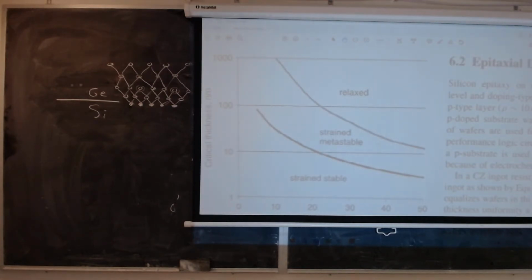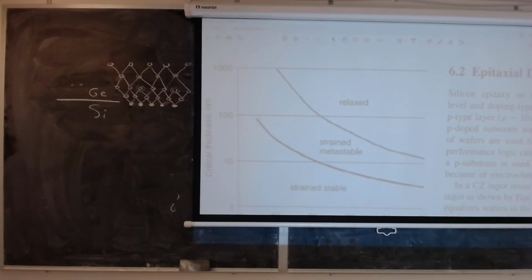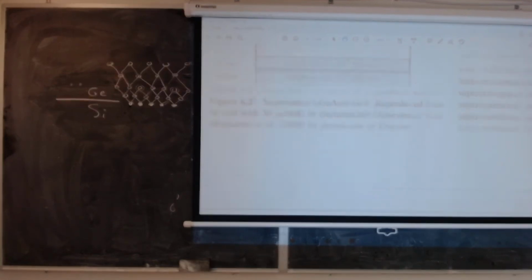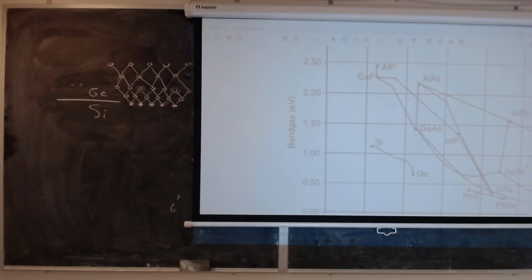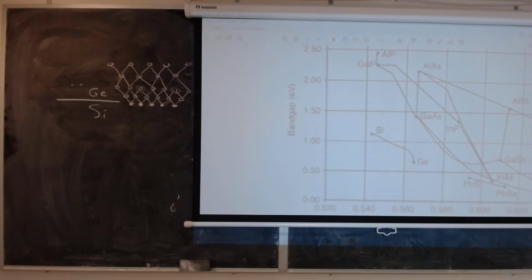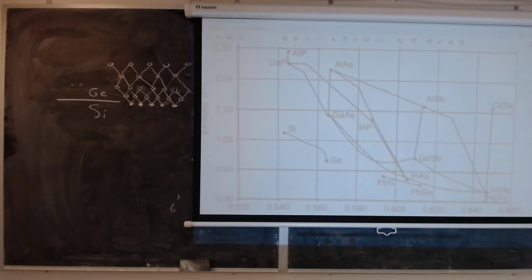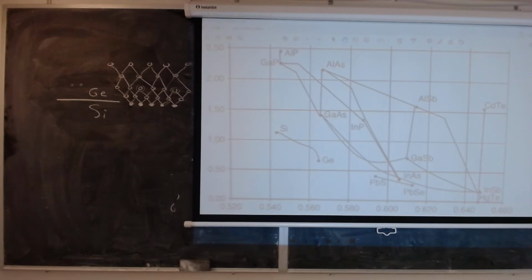Now let's start talking about alloys. We go back to our main chart here. One of the main purposes of this chart is to teach you what alloys do. Now, for example, what's a good alloy here? I'll write it down.